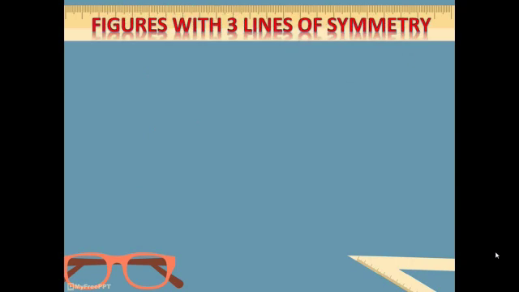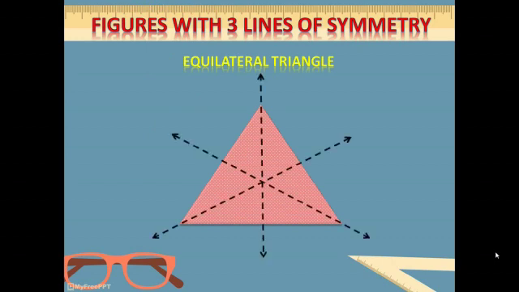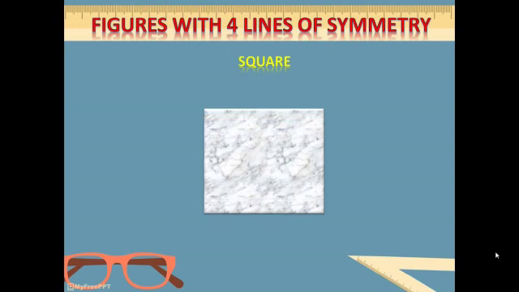Figures with three lines of symmetry. Equilateral triangle has three lines of symmetry, 1 and 2 and 3. Figures with four lines of symmetry. Square has two lines of symmetry, vertical and horizontal, and the other two lines of symmetry are actually its diagonals.